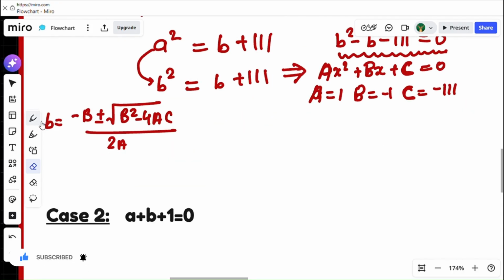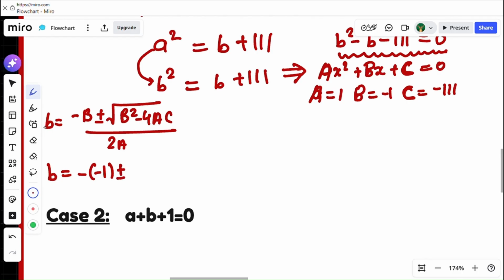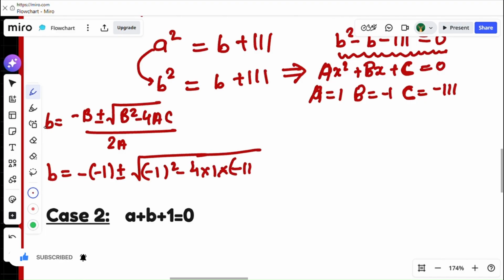Then we put the values: minus capital B is equal to minus minus 1, plus minus root of minus 1 whole square minus 4 multiply 1 multiply minus 111, upon 2 multiply 1.